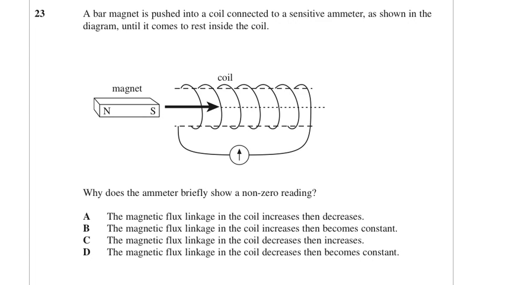So there must be a change in the flux linkage, and then the flux linkage must become constant, so there's no change, which is why it's only brief. So we're going to have a change, then becoming constant.